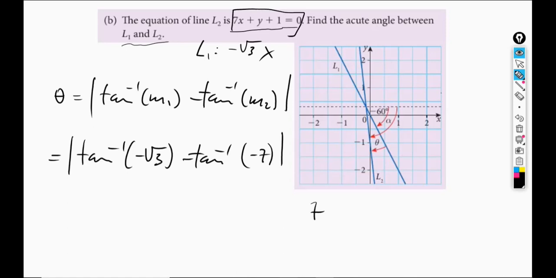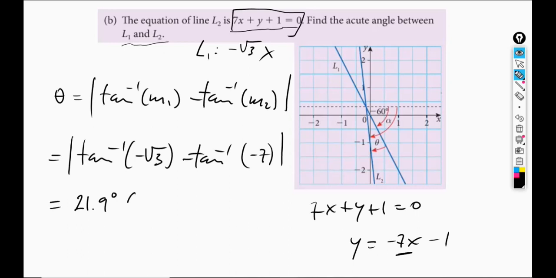So if we have 7x plus y plus 1 equal to 0, rearranging, y is equal to minus 7x minus 1. So this is the slope. Let's plug this into the calculator, and we're going to get approximately 21.9 degrees, again, rounded to 3 significant figures.